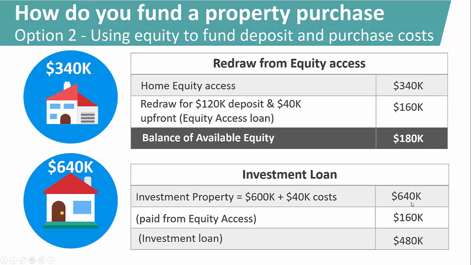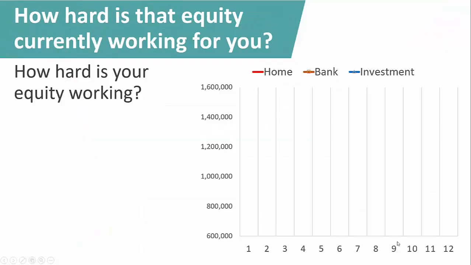One loan of 640 to buy the property because it was 600 plus costs, and that 640 loan is split into the equity access loan, which is secured against your owner-occupied property, presumably, and the investment loan, which is secured against the investment property. But even though the equity access loan is secured against your own property, the interest paid on that full 640, broken down into two parts, is all attributable to your investment property. So it's all tax effective.